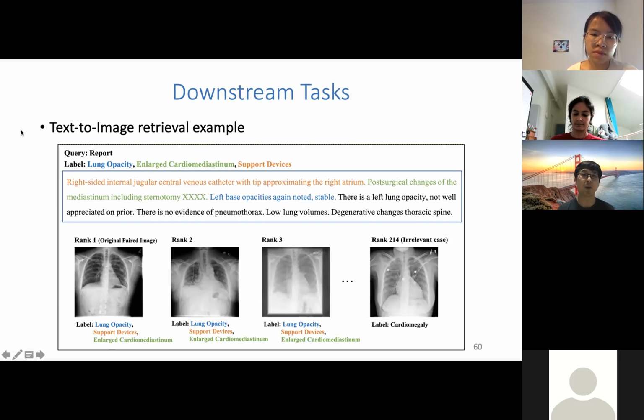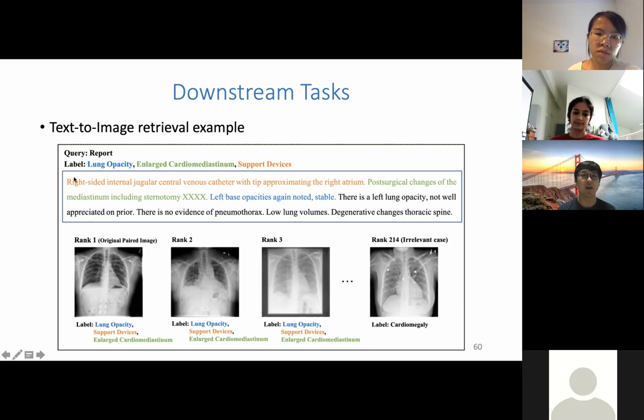So what we're showing here is text-to-image retrieval. Given a radiology report, we want to retrieve the relevant images and rank them by their relevance. This is the query, which is a radiology report, and I think this is just the impressions and findings section.